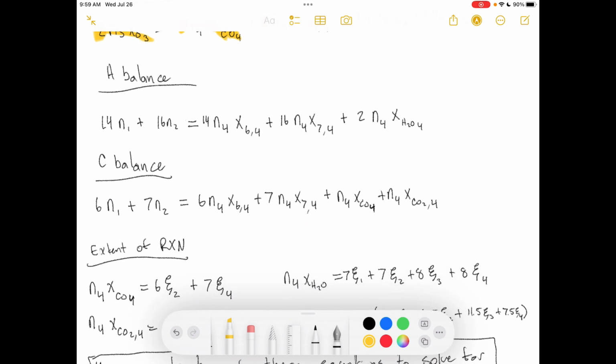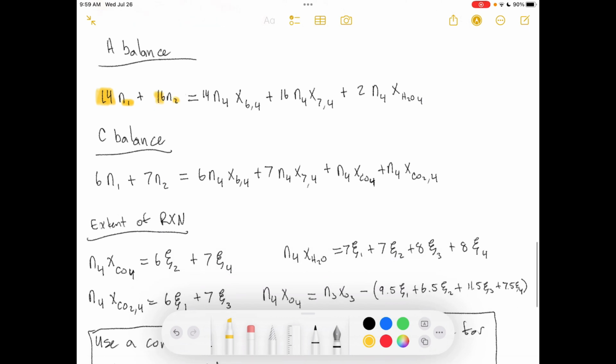Then for hydrogen balance, we have 14 going in with the hexane and 16 going in with the heptane. Then we have 14 going out with the unburned hexane, 16 with the unburned heptane, and then we have a certain amount of water, and there's 2 for every water.